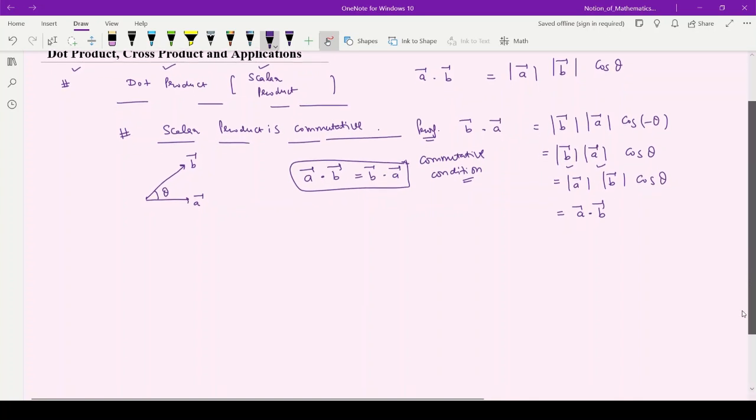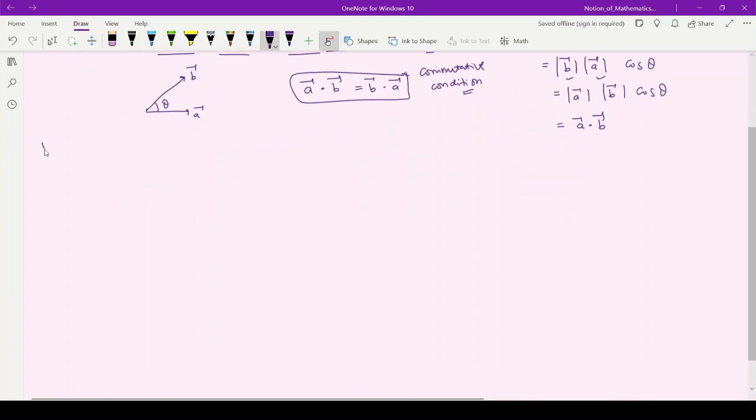Now, from this dot product there are a few results. If I talk about a few results from this dot product definition, these are: I cap dot I cap is 1, J cap dot J cap is also 1, K cap dot K cap is also 1.